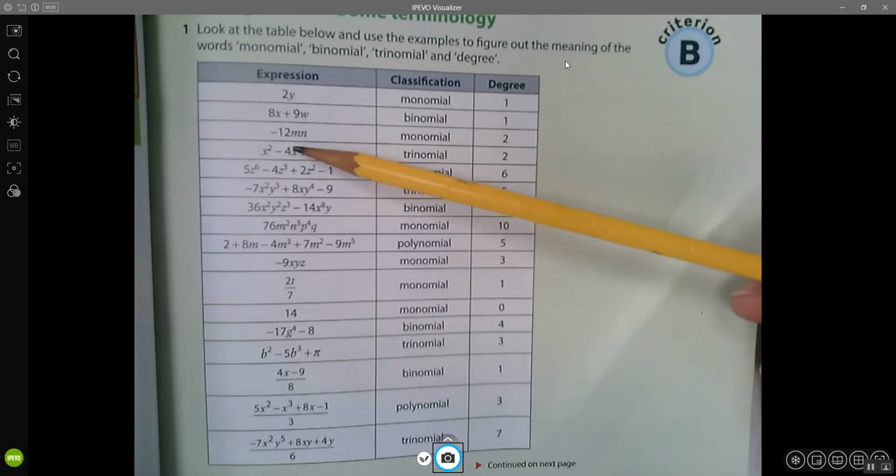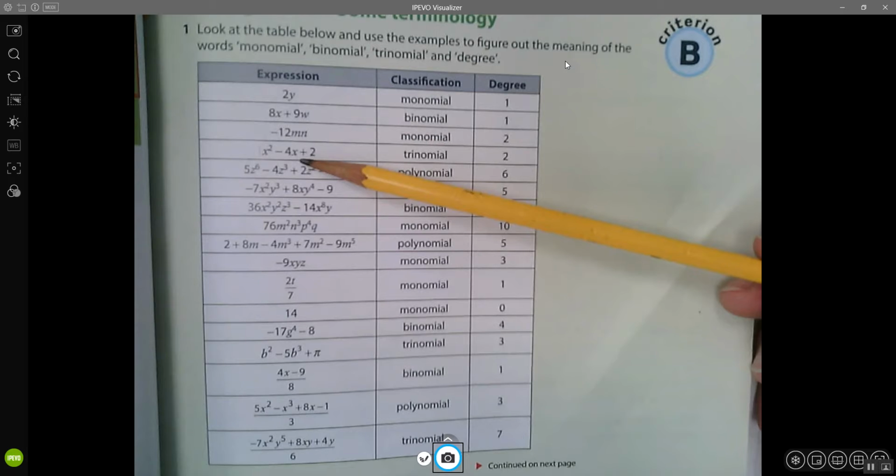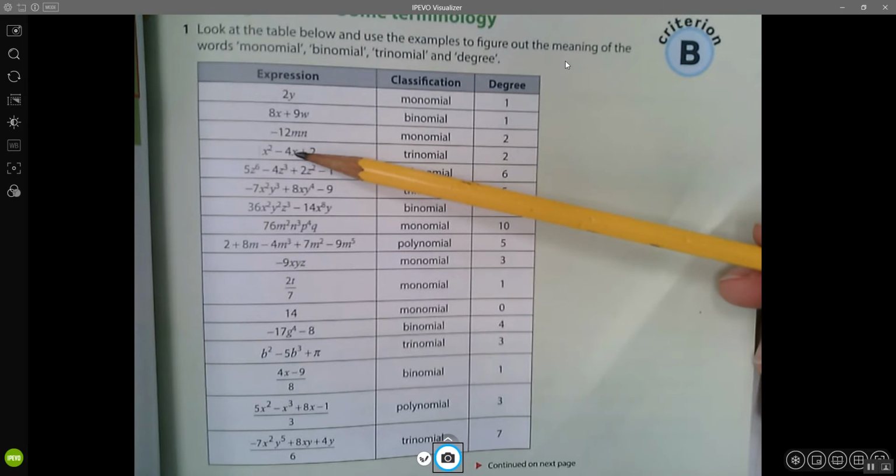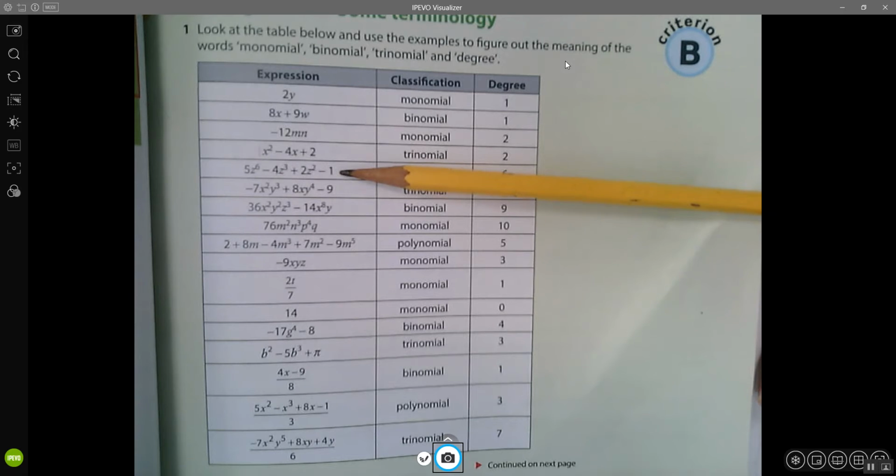What's the coefficient of the second term? Careful, I want us to think carefully. It's not 4, you're almost right. It's -4, okay? So you always have to look at the sign as well. What's the constant term in this one?